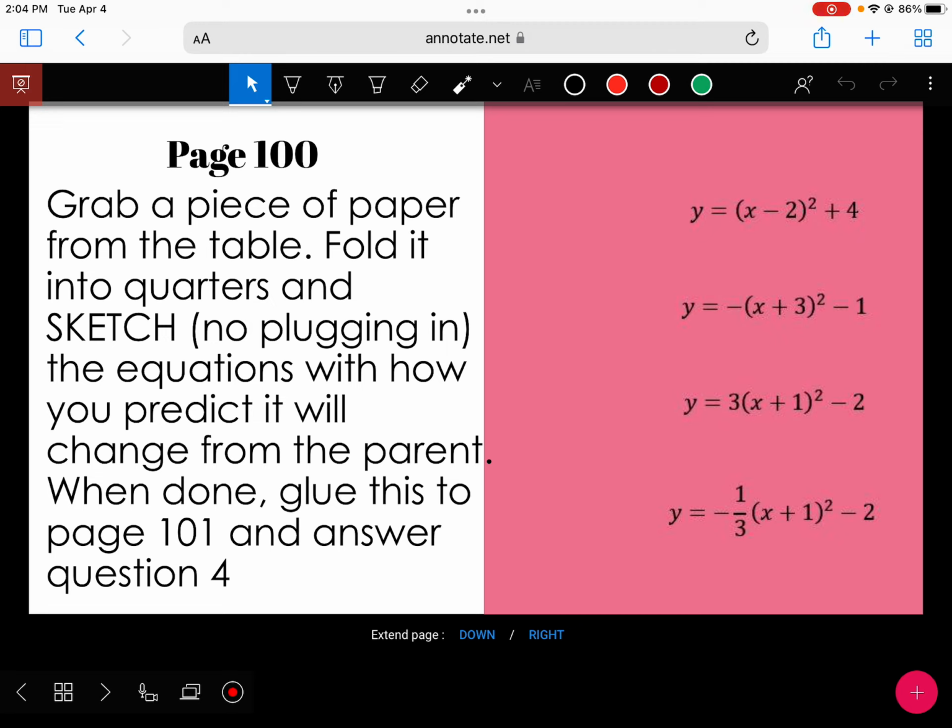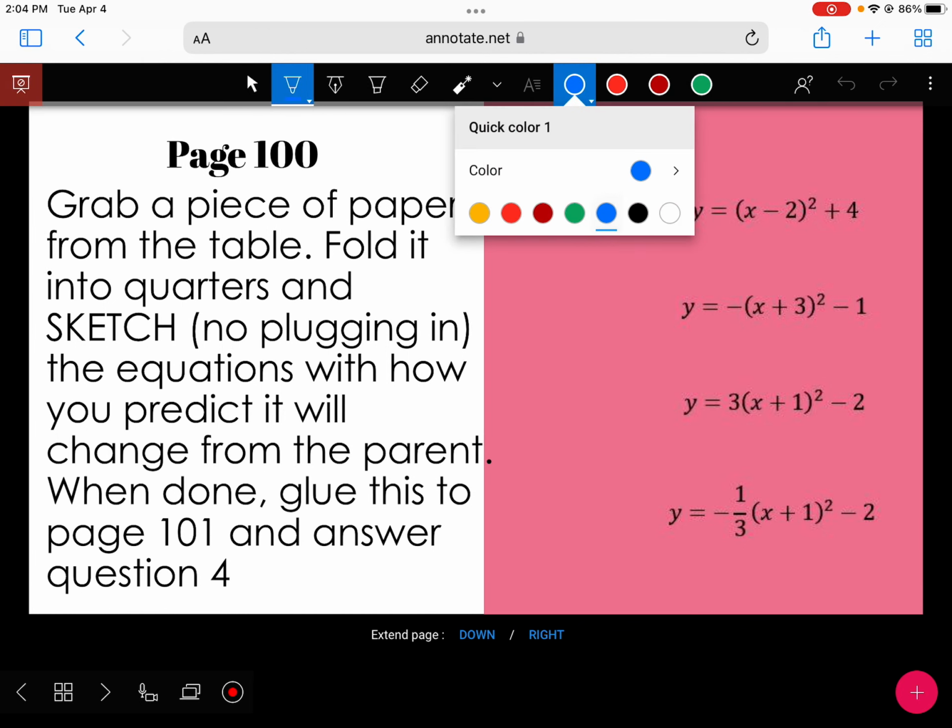And I need you to sketch. No plugging in the equations. Don't put them in on Desmos. That's cheating. Desmos knows how to do it. We want to see if you can do it. Sketch the equations.